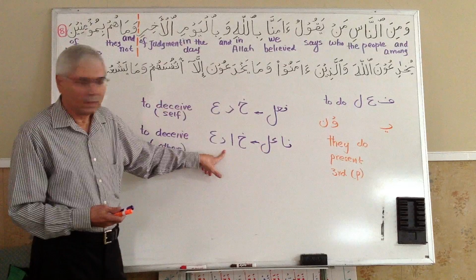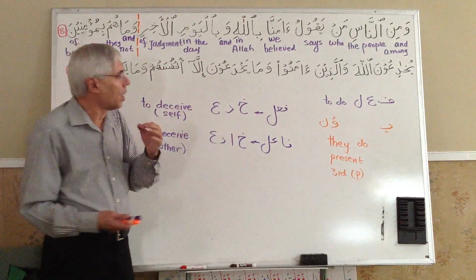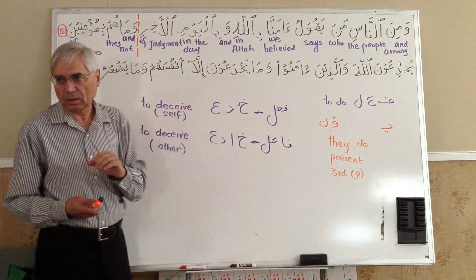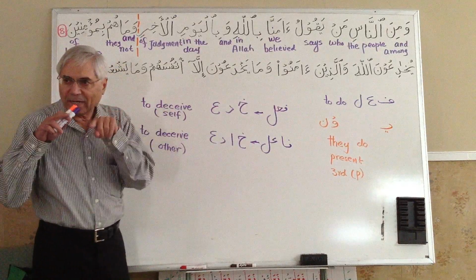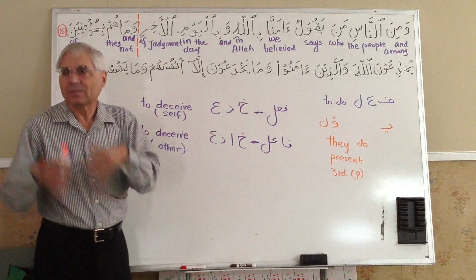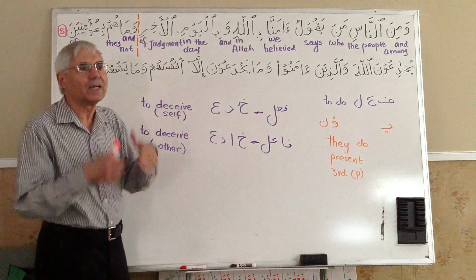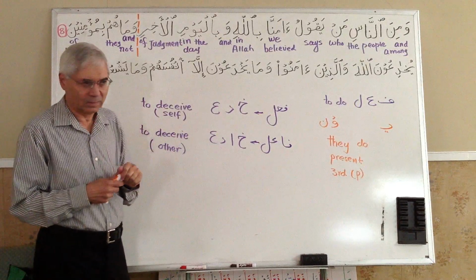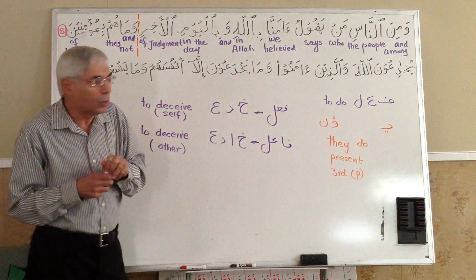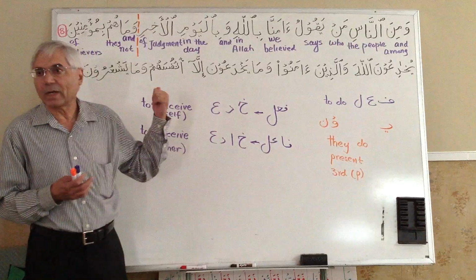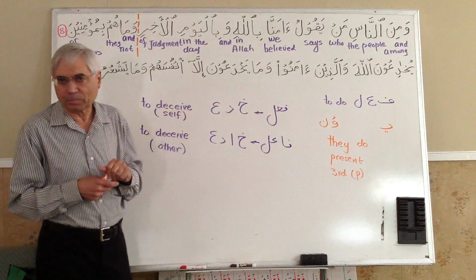Okay? So the word is yukhadi'una. Yukhadi'una means they deceive somebody else, or they are deceiving others. Okay? In this case, who is the other one? The word is Allah after that.